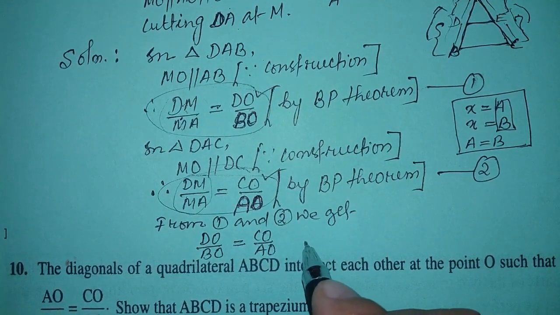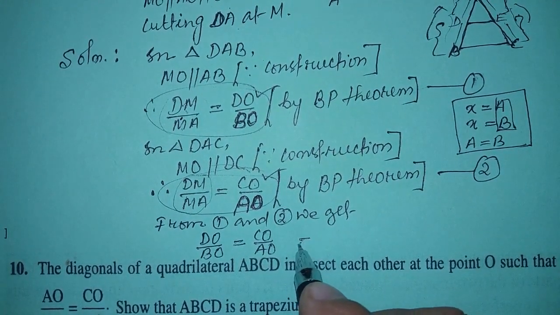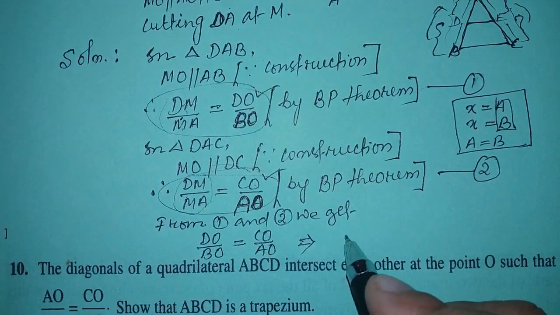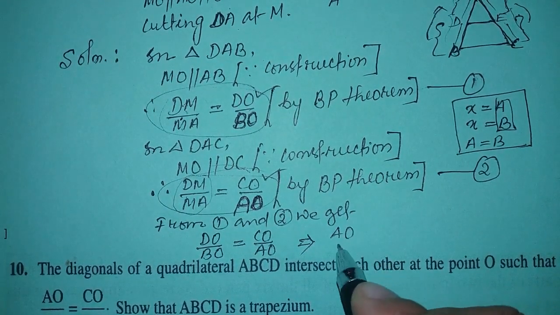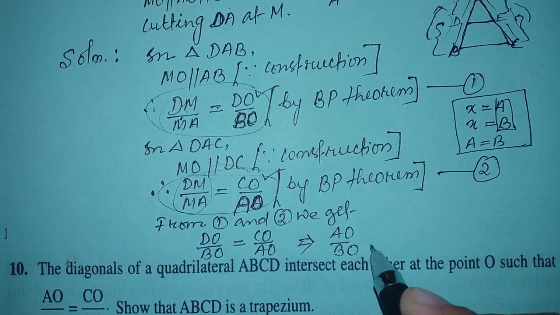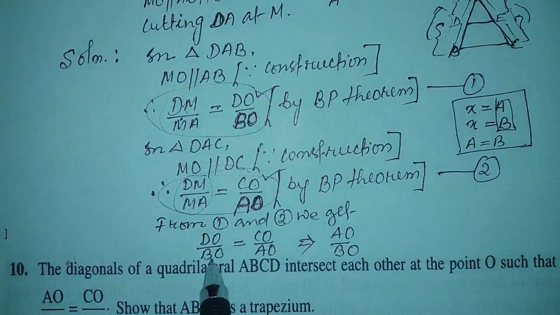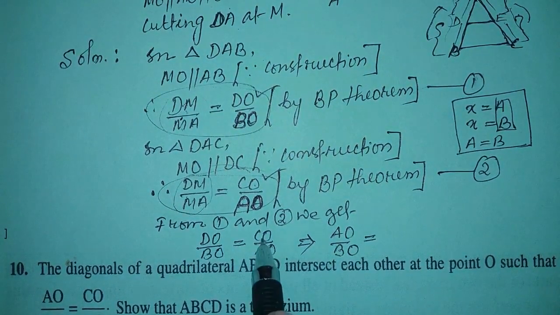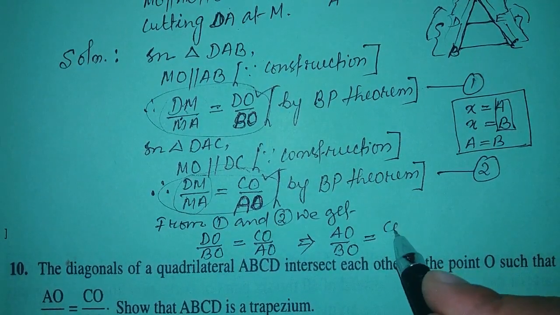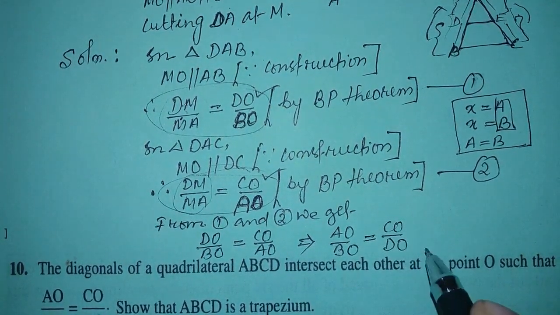Now this one we can write, AO by BO equal to CO by DO.